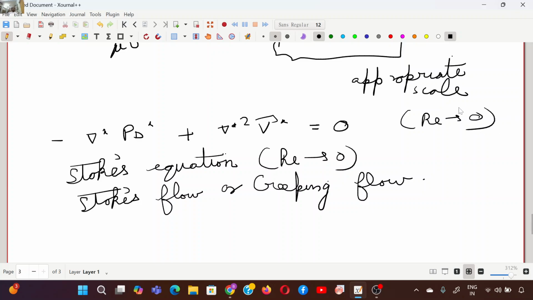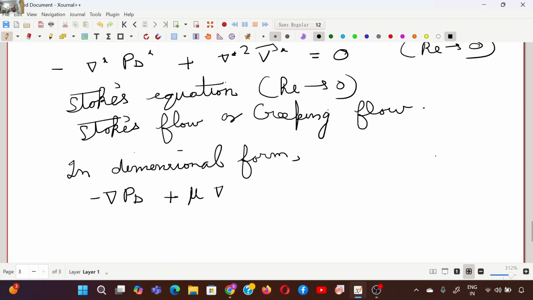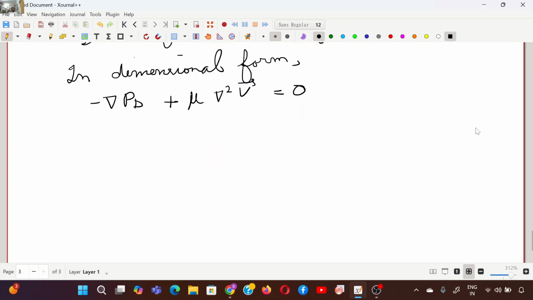What is the dimensional form you get? Minus del PD plus mu del square V equal to 0. I hope you got this equation.